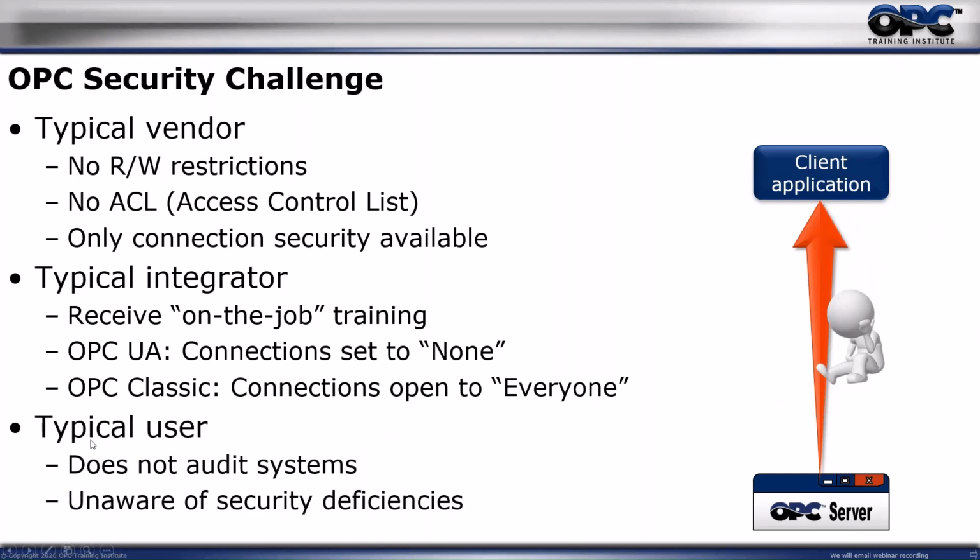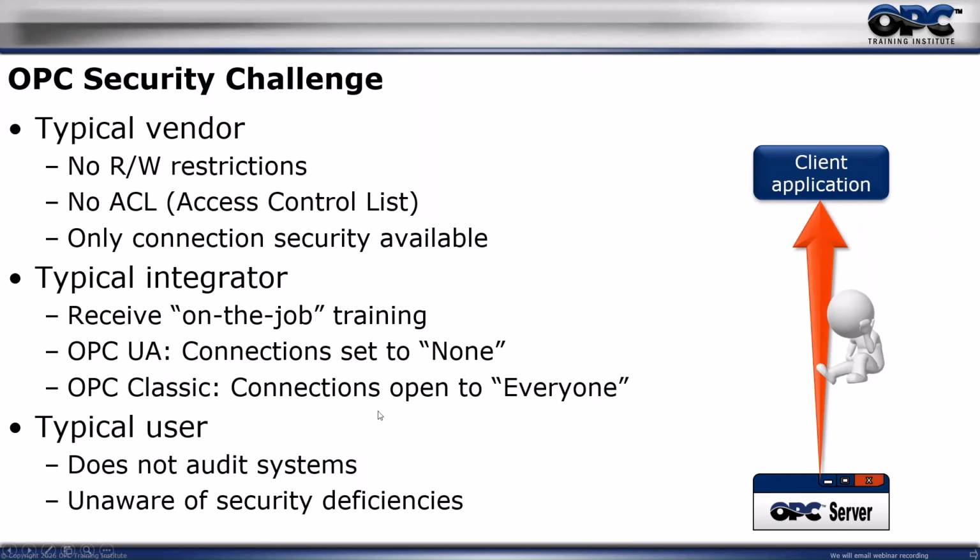And to add to the problem, the typical user, because they don't typically audit their systems to see what holes are left, they're usually very unaware of security deficiencies. They're just not aware that they've got communication available to everyone. They're not aware that there is no security.